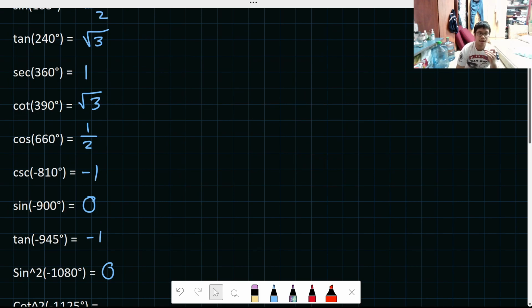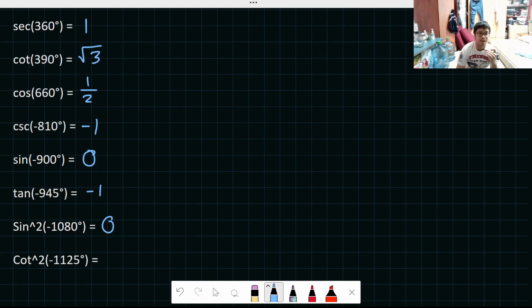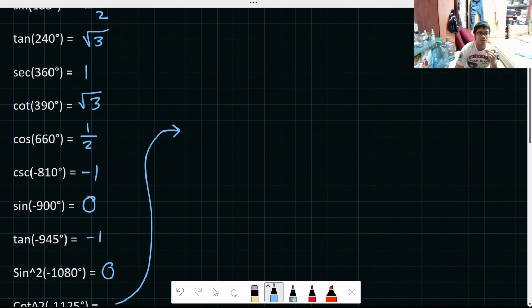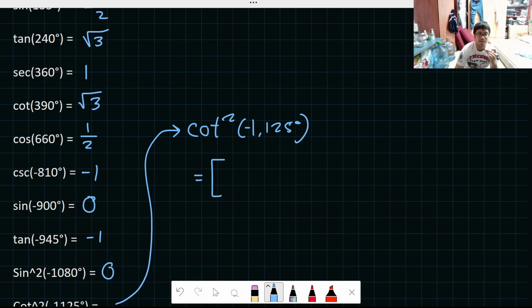Now, let's go to the last problem. We have negative 1,125 degrees, cotangent, by the way. It's not cosine, it's cotangent. Remember again, if there is an exponent after the trigonometric function, such as squared here, this is once again the same as the square of that function.